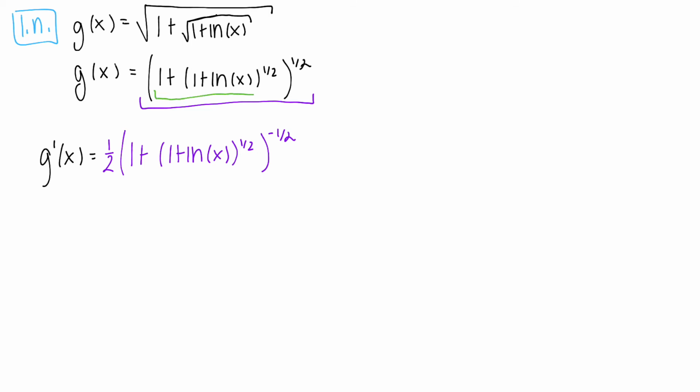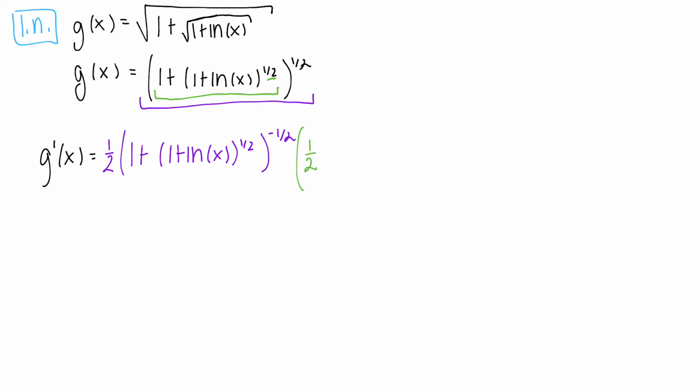Next, we have this part in here. The derivative of 1 is just 0, right? So I don't really even need to write it. Instead, I can just focus on this piece, because if its derivative is 0, it's just going to go away. So instead, I'm really focusing on this piece. I can bring down its exponent because we're doing chain rule again.